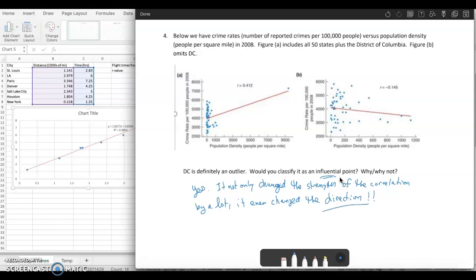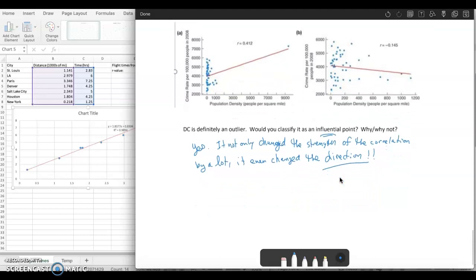So note, though, this is a very drastic example. This was sort of the most drastic example that could be easily found. It doesn't have to do something as drastic as change it from a positive trend to a negative trend or vice versa.